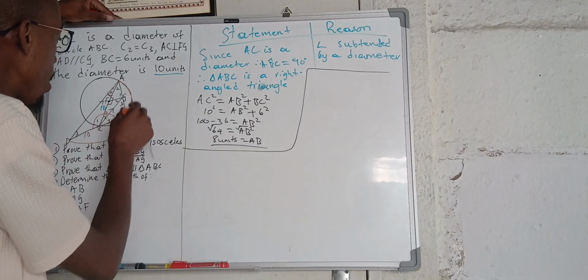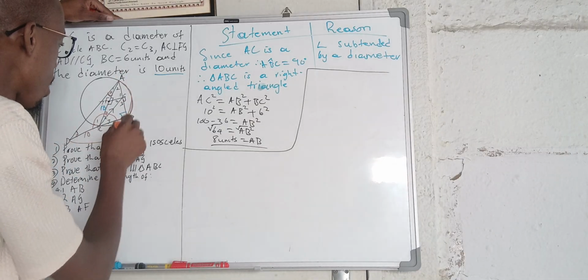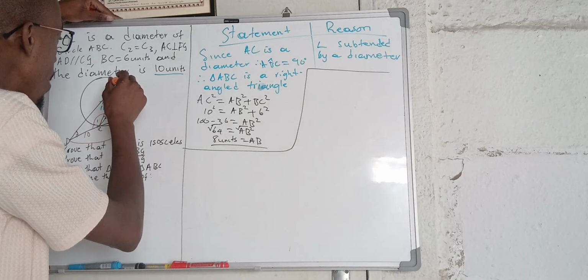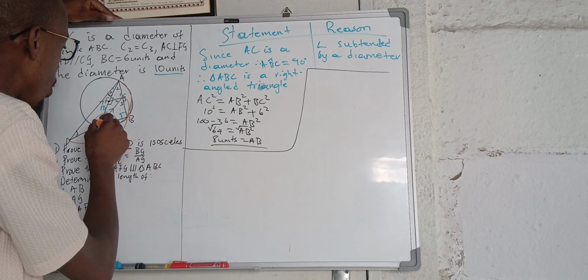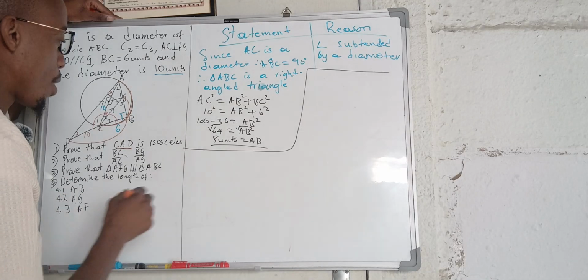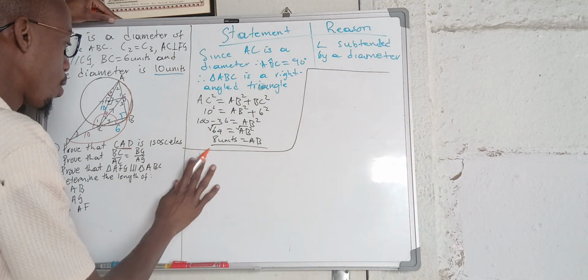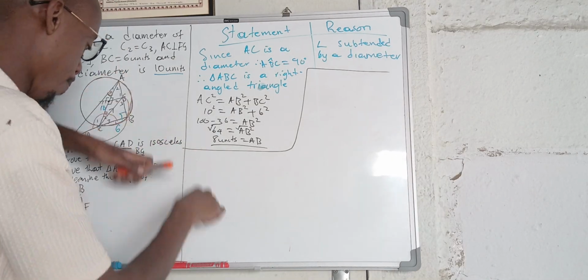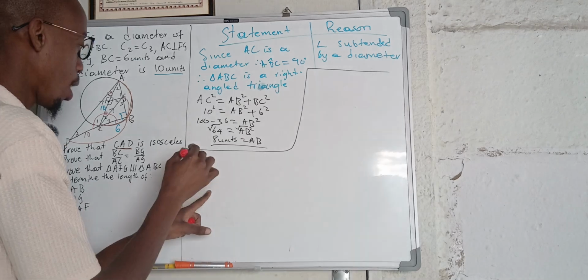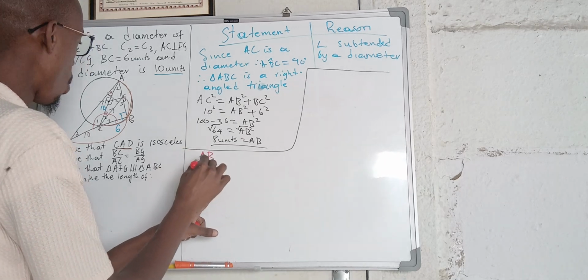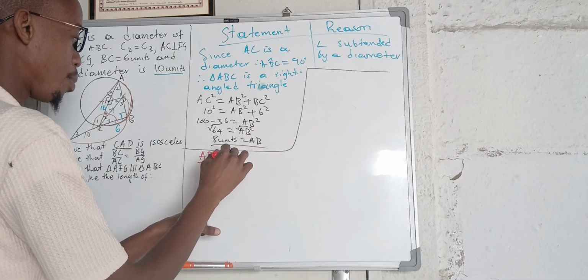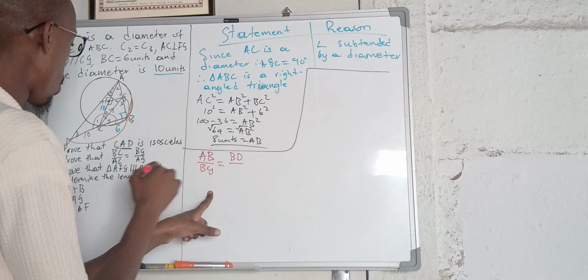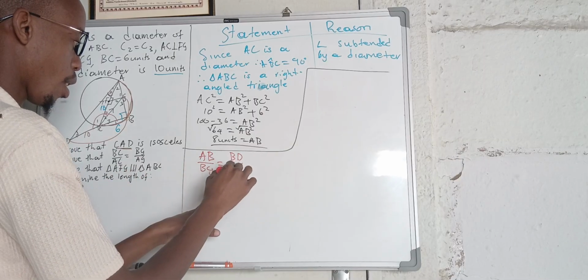AB on this side, and on this side I'm going to take BD, and here I'm going to take GB, and here also BC. So I'll be saying AB all over BG equals BD all over BC.